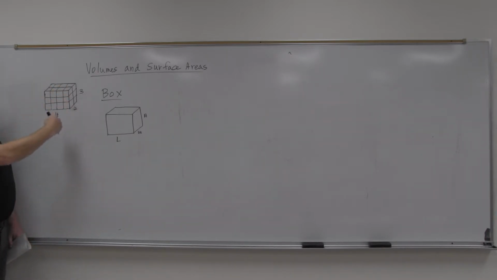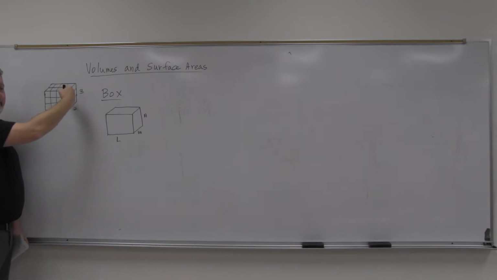Each one of these is a cubic unit, 1 by 1 by 1 unit. Right? You with me there? So I've got a front row and a back row. If you count up the number of cubic units in the front, I've got 1, 2, 3, 4, 5, 6, 7, 8, 9, 10, 11, 12. I've got 12 in the front, 12 in the back, so I've got 24 cubic units there.